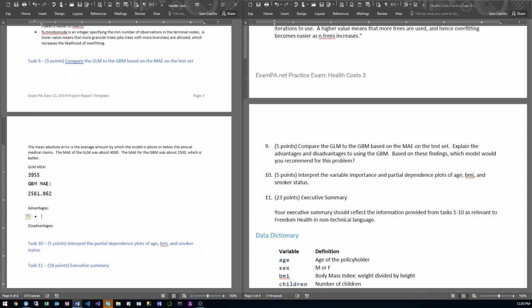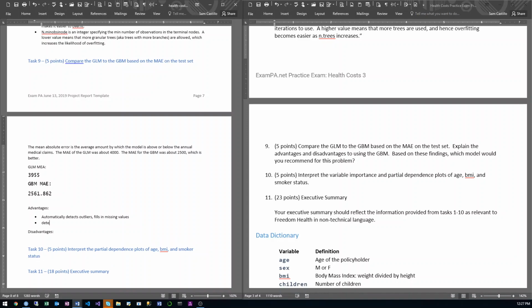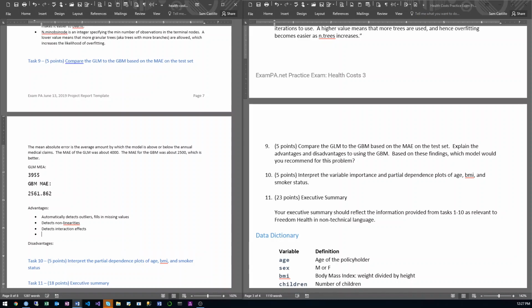So the advantages to using the GBM is that it automatically detects outliers, fills in missing values, detects non-linearities, detects interaction effects, has higher predictive power.